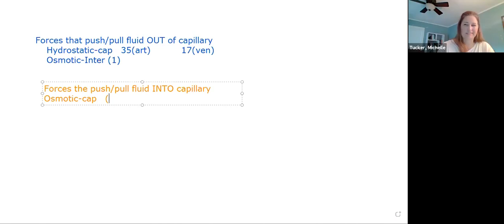No, it's the next one. This one's a big one. This is because plasma proteins stay in the capillaries. It's 26. And then the hydrostatic of the interstitial. This is the one that's usually, as long as lymphatics are working, around 0.